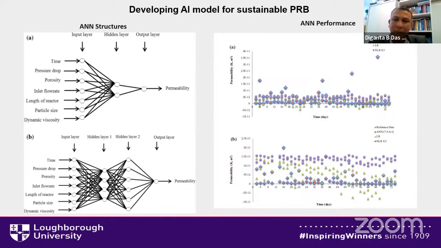We have data, we understand what parameters to collect, we understand broadly how it behaves, but it's difficult to model. So one of the things we have done, and these are all published, is that instead of trying to model physically, sort of mathematically, we have collected the data and tried to develop artificial intelligence models, AI models.